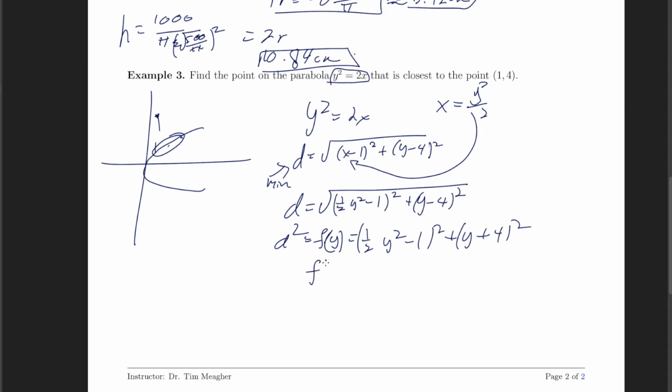And so here we take the derivative. The 2 comes out, so it'll be 2 times (1/2 y squared minus 1) times y, plus 2 times (y plus 4), and nothing else, right? And if I simplify this, it just simplifies to y cubed minus 8.